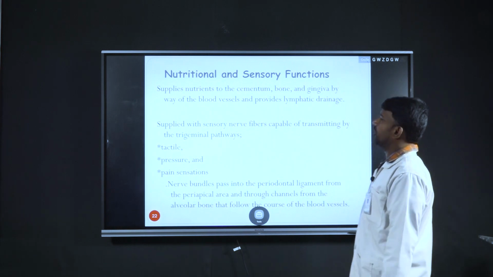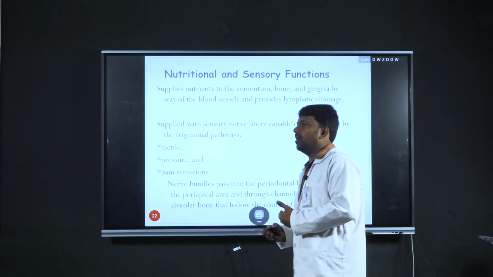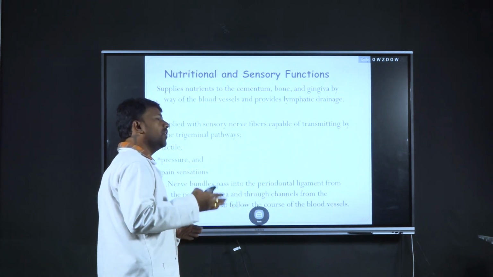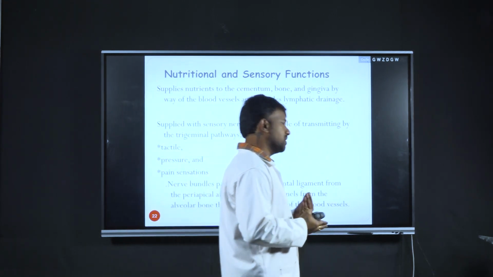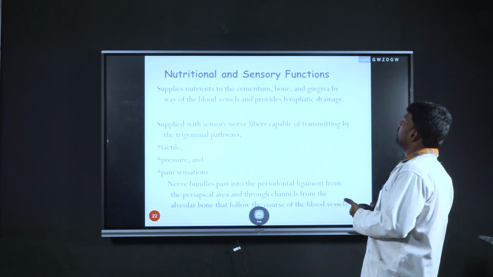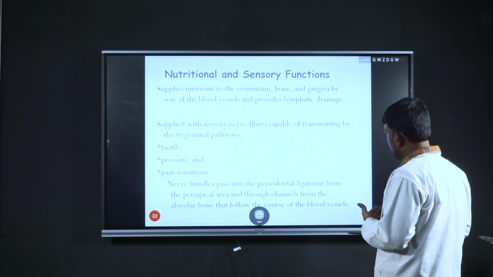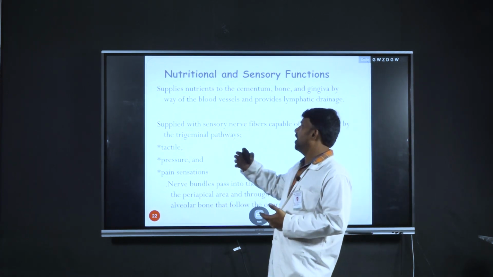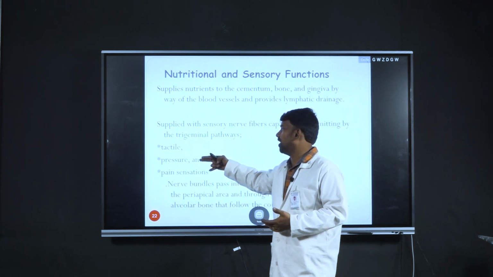So what is the sensory function of this periodontal ligament? Since the tooth has nerve supply and sensory supply, even the periodontal ligament has nerve supply and sensory supply by tactile sensory nerve fibers or nerve bundles, which have three functions: tactile, pressure, and pain sensation.